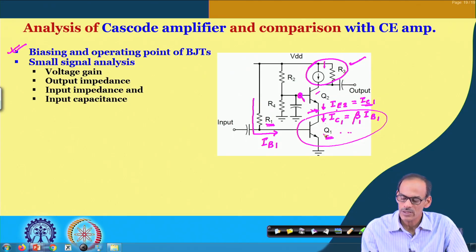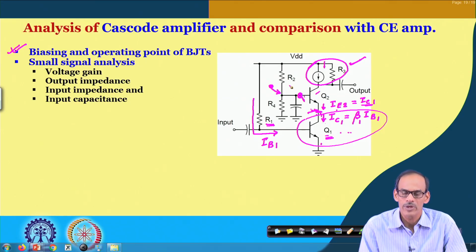So, the voltage at the collector of Q1 should be higher than VCE sat, so the required voltage here is at least 0.6 plus VCE sat, maybe 0.3. If this voltage is higher than the minimum required voltage, then we do not have any problem.